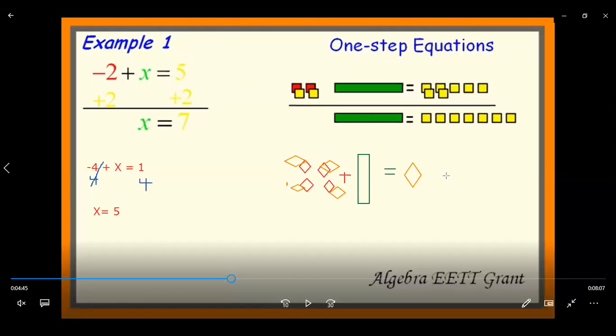No, on both sides. Both sides, right? So I added 4 on your left hand side, and I'm going to add here 1, 2, 3, and 4.